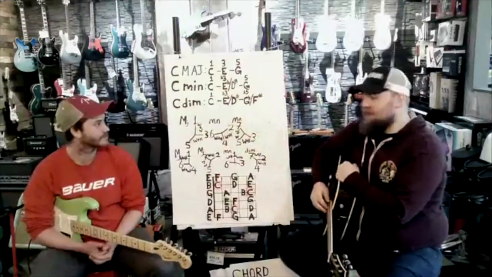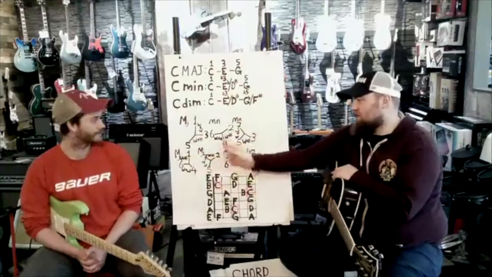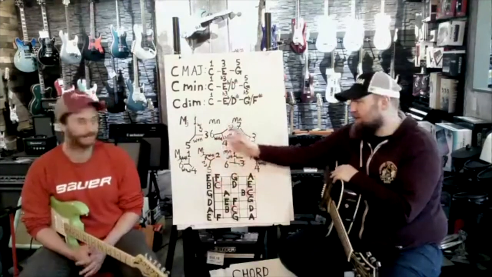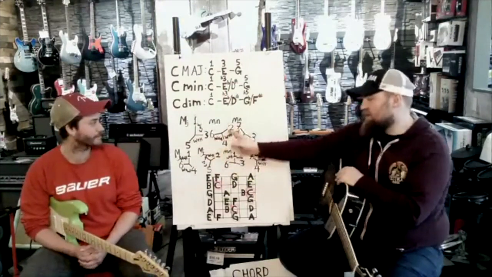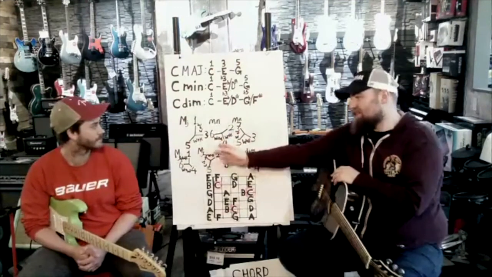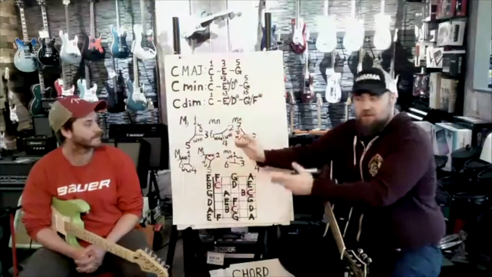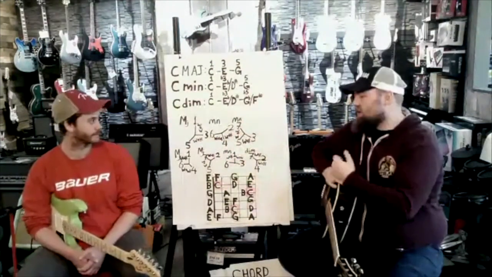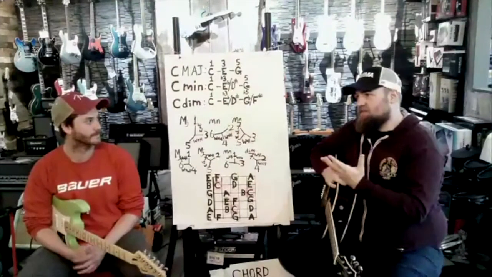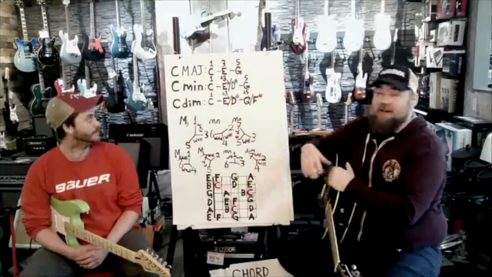Okay. And basically all it really does is, you wouldn't call a minor a 2, 4, and a 6 necessarily, but between the second and the fourth is a whole and a half. Between the fourth and the sixth is 2 wholes, and a whole and a half, and then 2 wholes. That interval is the same as a first, flat third, and fifth, which is the minor pattern.